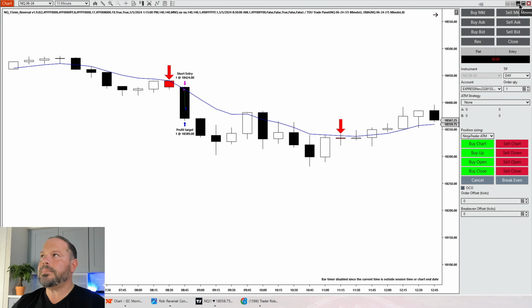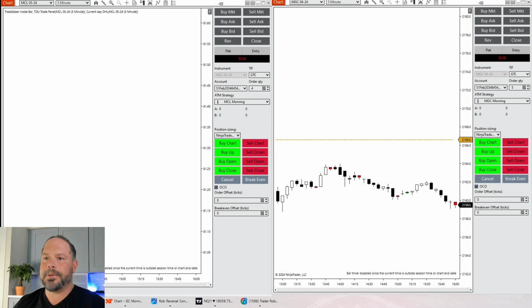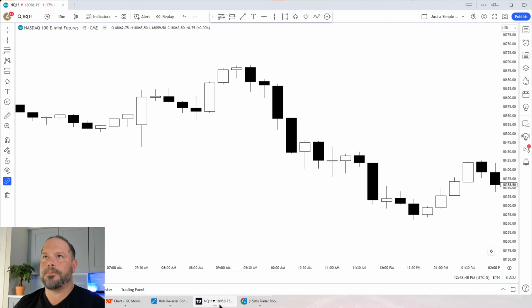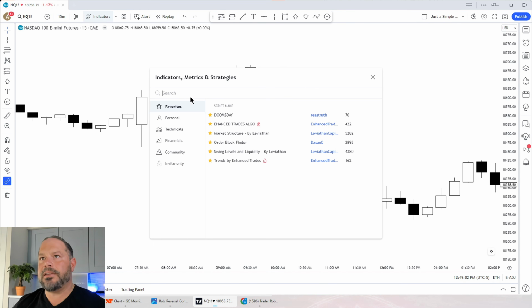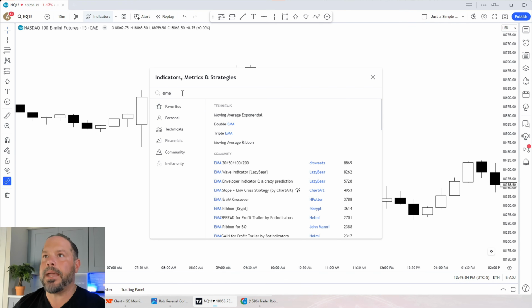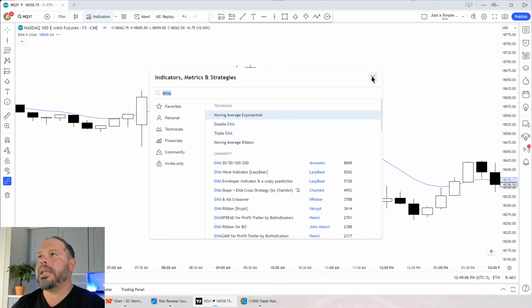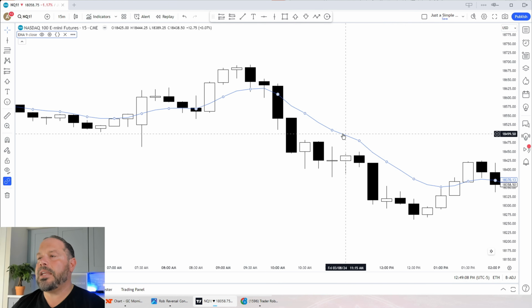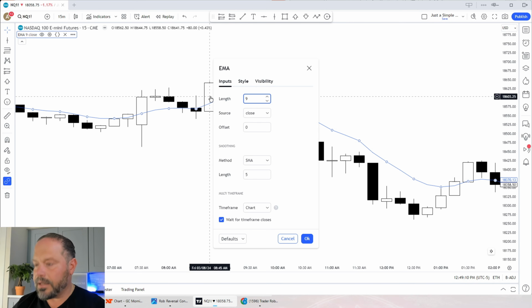Now, let me pull up the TradingView chart. Okay, so this is the same time period, Friday, March 8th. I have the NQ pulled up here on a 15-minute time frame, okay? And the only thing that I'm going to add to this is the EMA. So I'm going to add the EMA, and I'm going to change this EMA to 8.